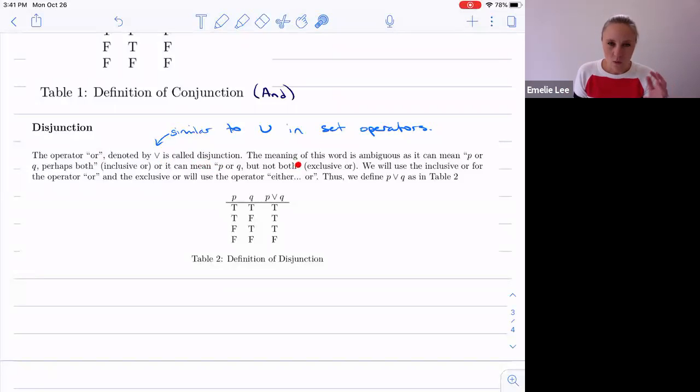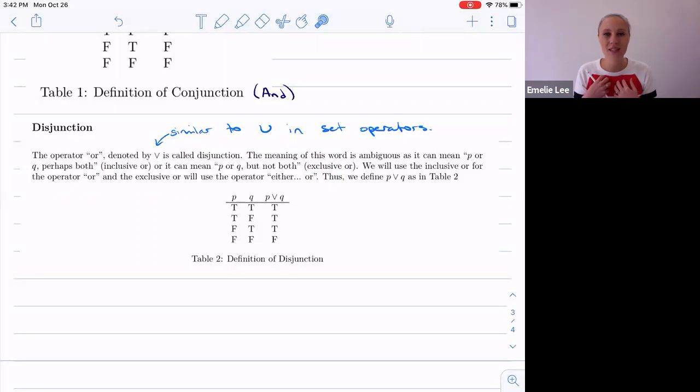One thing that we found, especially when we were working with sets, is if we say P or Q, well, for sets, if we're talking about or, it's either P or Q or the overlap of the two. That's what we call the inclusive or. A lot of people, when we first started with sets, didn't want to include that overlapping area, so what you were talking about was the exclusive or, which in logic is not going to be the or.